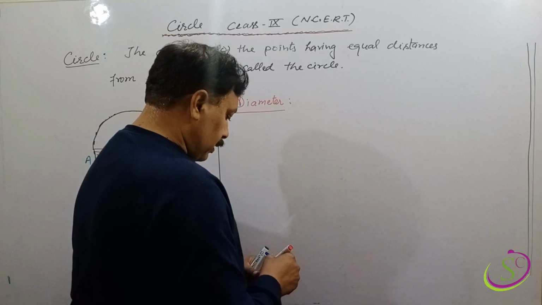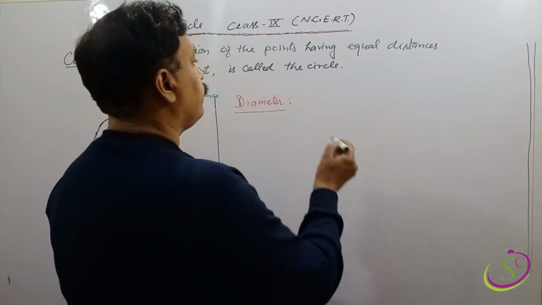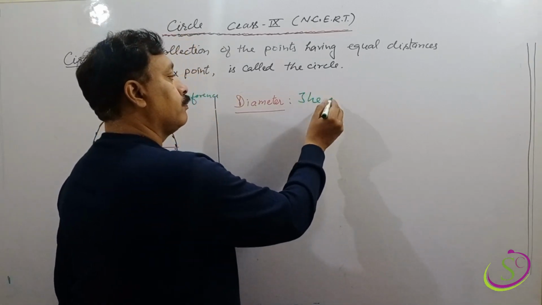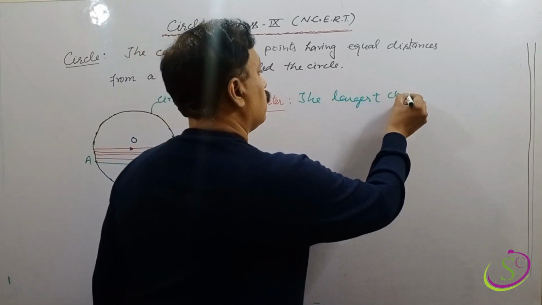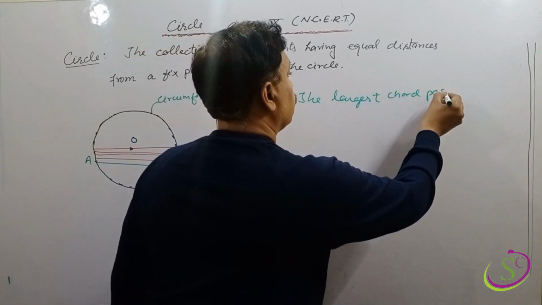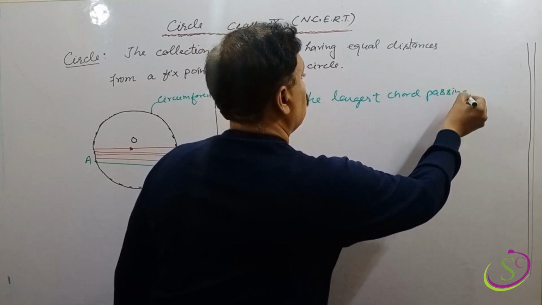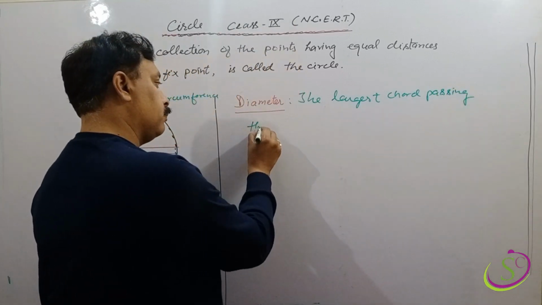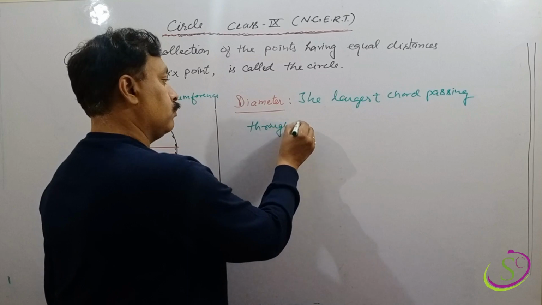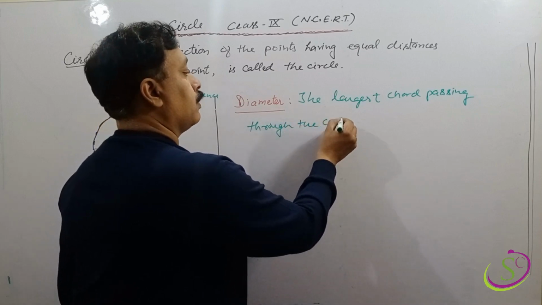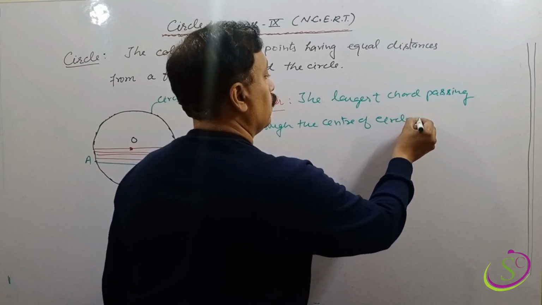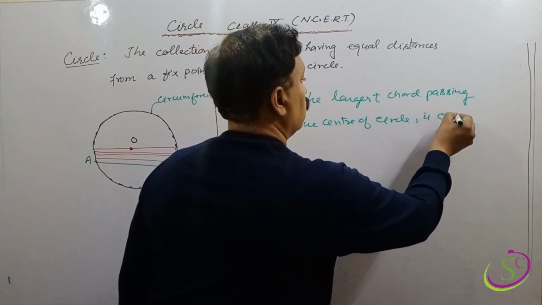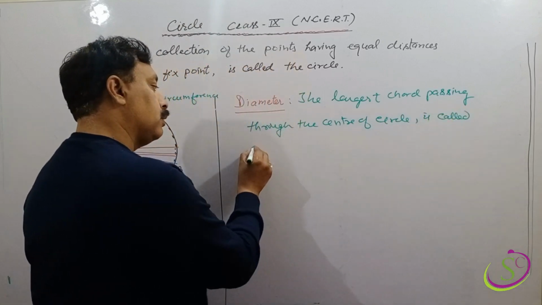Means the largest chord passing through the center of circle is called what?